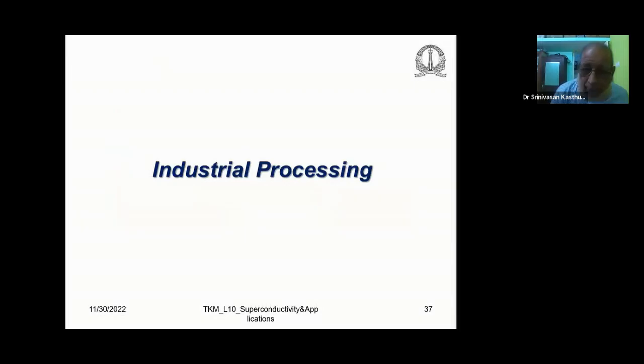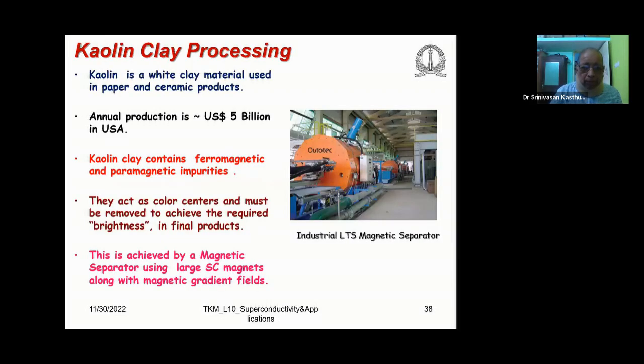Okay, we will consider now the industrial processing applications of superconductivity. For example, we normally use white paper for writing. And if you see some of our old papers, if you keep them for several years, you find there is a coloration on the paper.